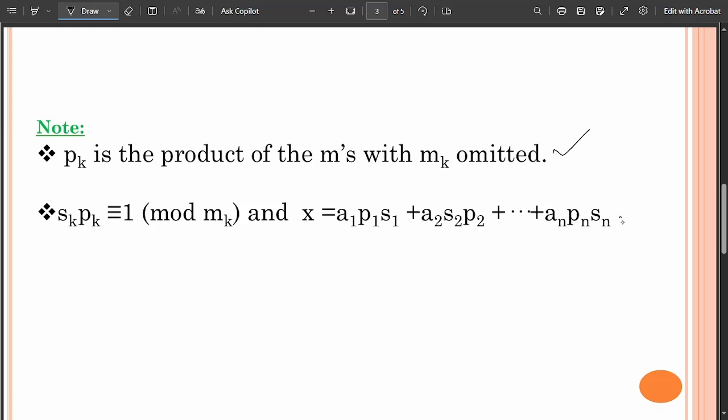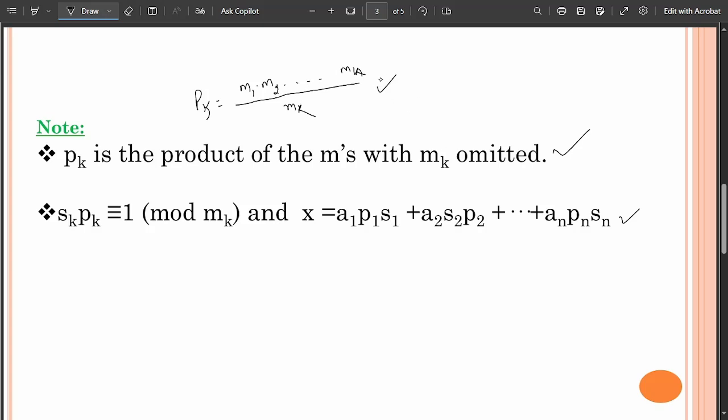What is this Pk? Pk is the product of the m's, m1 m2 up to mn, with mk omitted. That means we multiply to find the product up to mn and divide by the kth term.